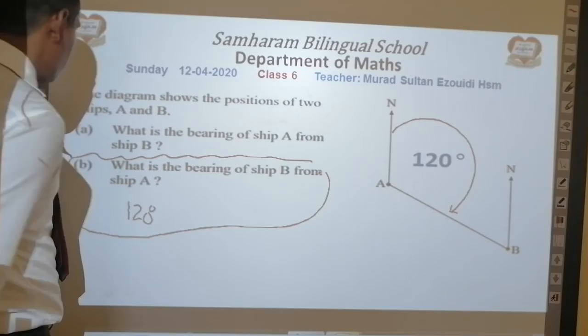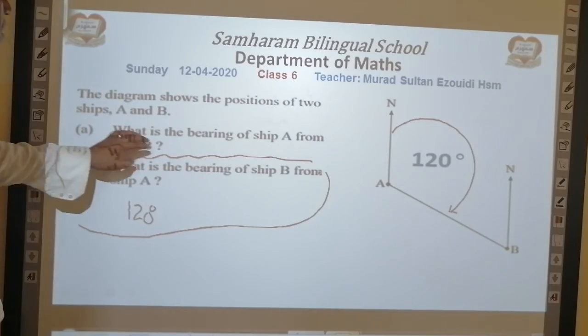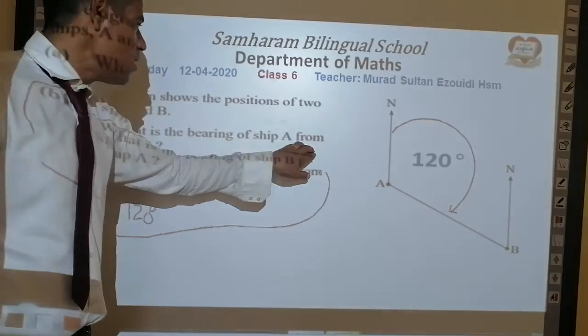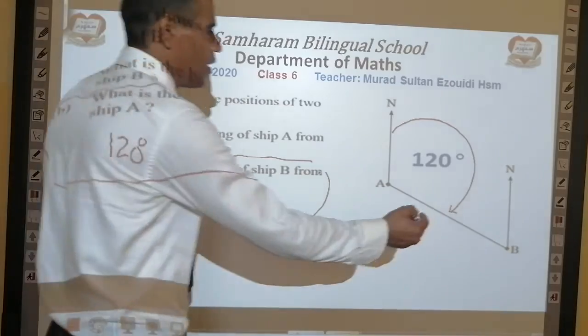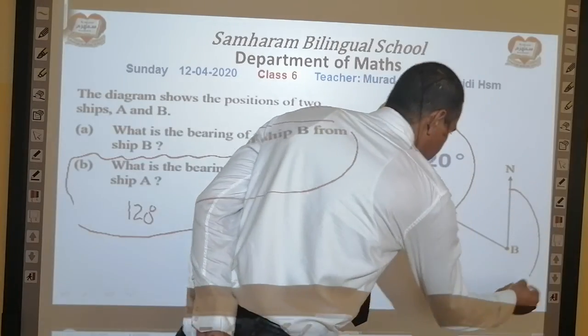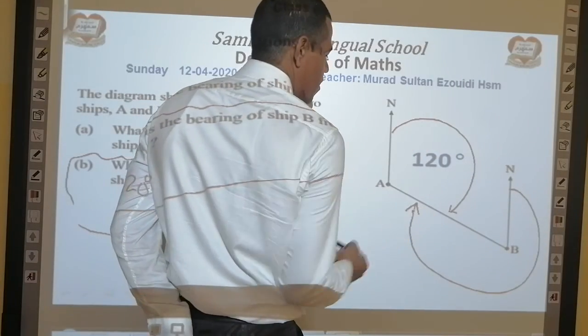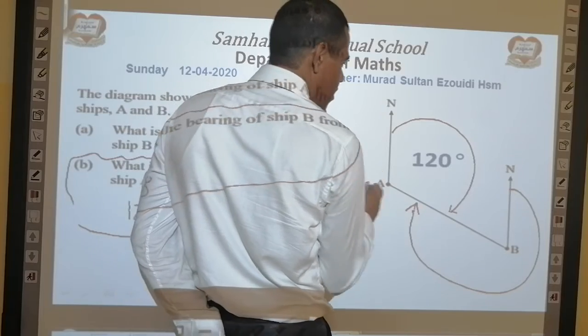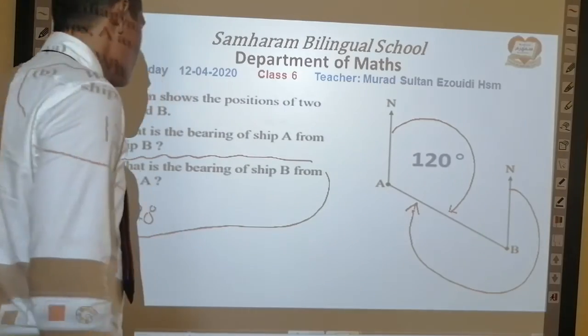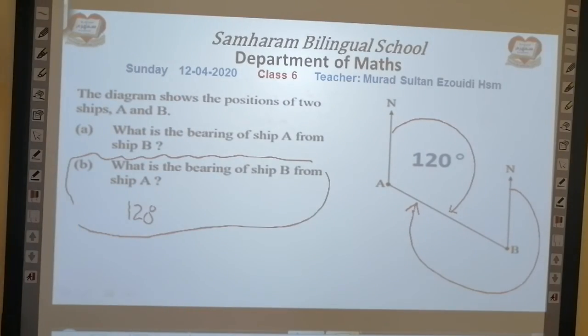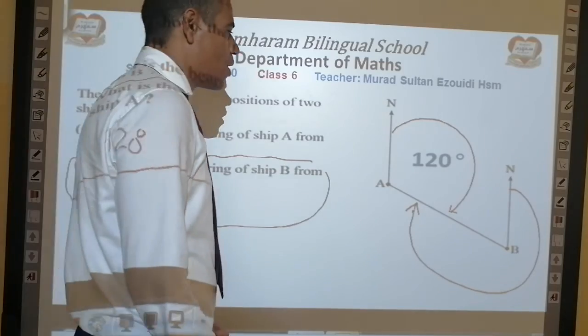Okay? And remaining sub question A: what is the bearing of ship A from B? Means that, my kids, this is the bearing of A from B. So, how can you do it?